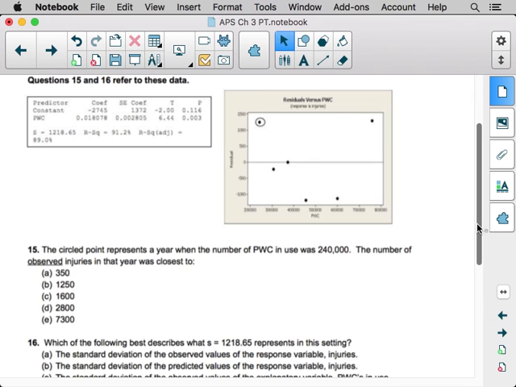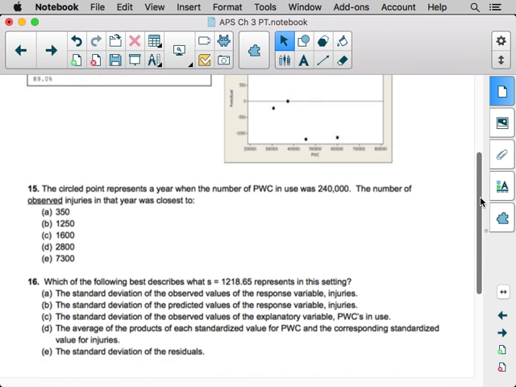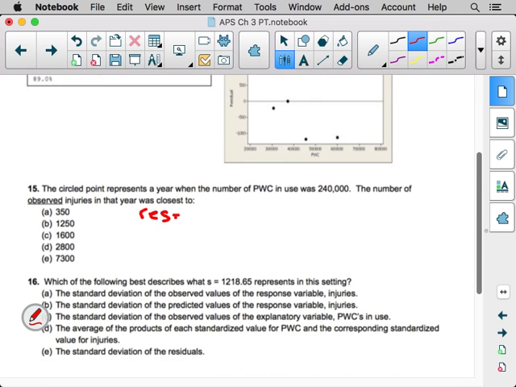What is it tracking? Residuals. Even though it doesn't use the word residual here, wouldn't you agree that number 15 is in fact a residual problem? Because this is a residual plot, we know we're going to be using residuals here.